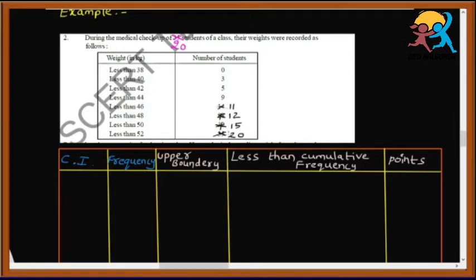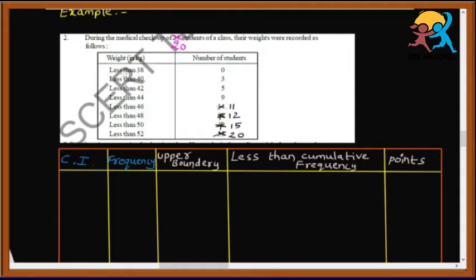Just observe this data. Actually in this data there is no class interval and no frequency. We got only two columns. What are the two columns? Just observe: less than 38. When we write less than 38, it means 38 is the upper boundary. So if 38 is the upper boundary, then we can write the number of students who are below that 38.